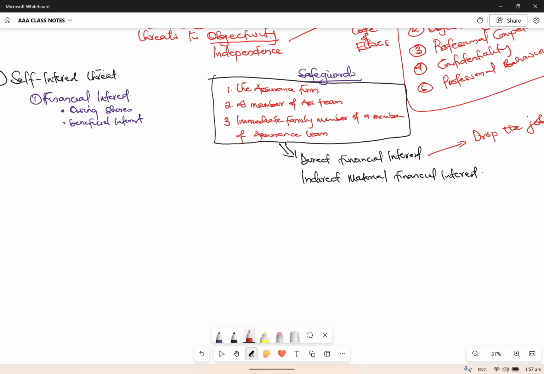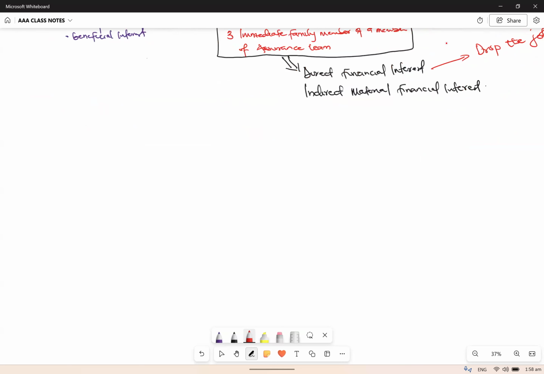So let's say my father is owning 50% of A Company Limited. Deloitte is auditing A Company Limited. And I am somebody newly employed as a fresh auditor, being part of the assurance team.